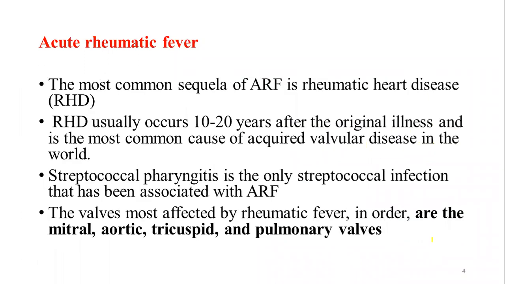It is the most common sequel of ARF, and it usually occurs 10 to 20 years after the original illness. Most of the time it occurs after 10 to 12 years, and it is one of the most common acquired valvular diseases globally.